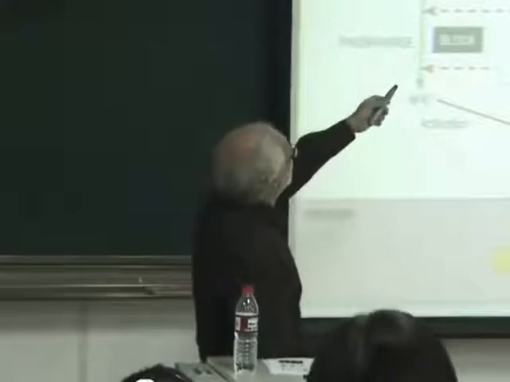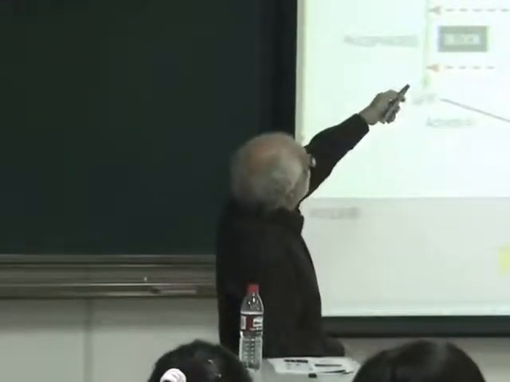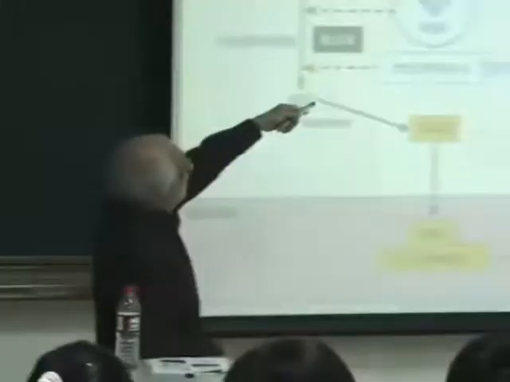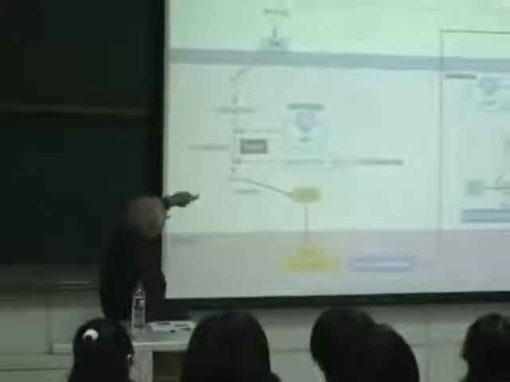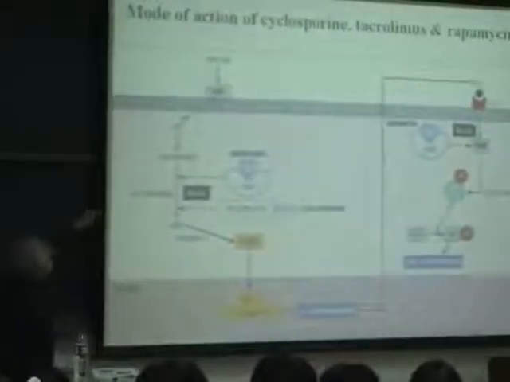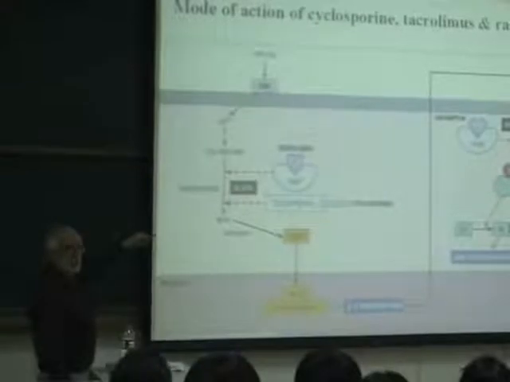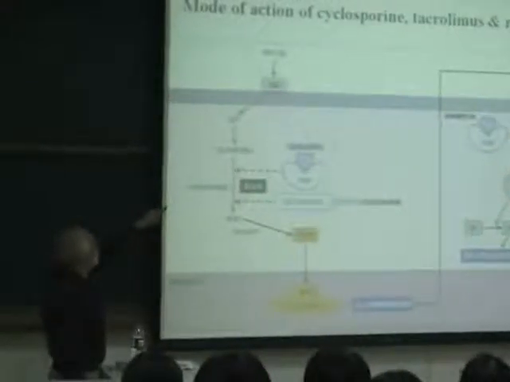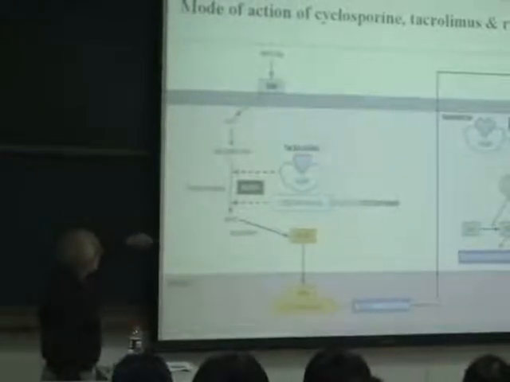And this is just a slide to show the action of these three newer immunosuppressives that have really transformed transplantation: cyclosporine, tacrolimus, and rapamycin. I'm not going to go into detail here, but tacrolimus and cyclosporine act downstream of T cell receptor signaling. To activate a T cell, you have to signal through the T cell receptor, and both of these drugs block the signal very early on.